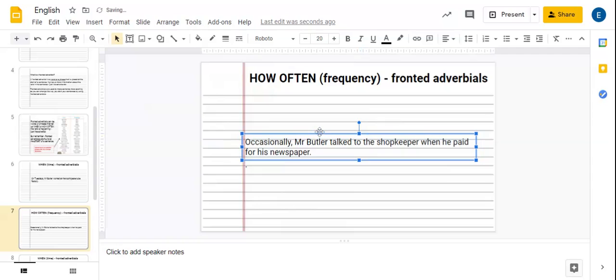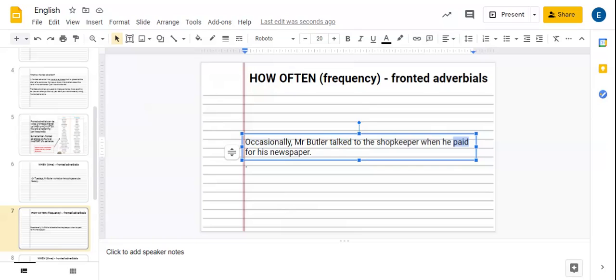Okay, so the fronted adverbial in this sentence would be occasionally because that gives us more detail, more information about the verb in the sentence. So we know that the verb is talked. Okay, it's important to know that there can be other verbs in the sentence.